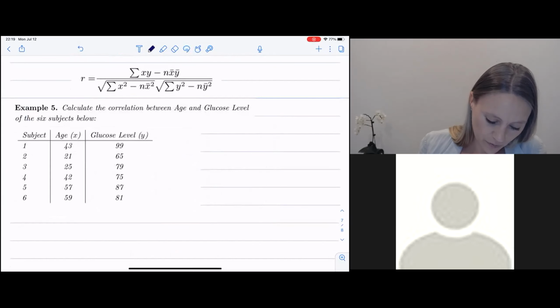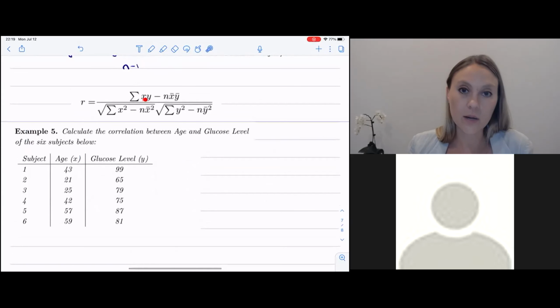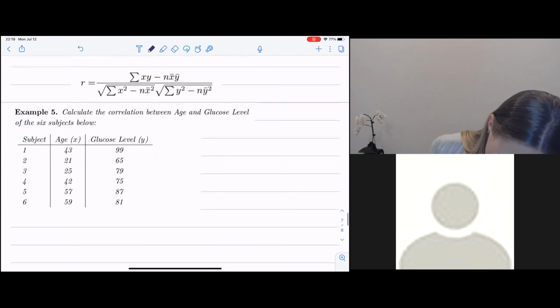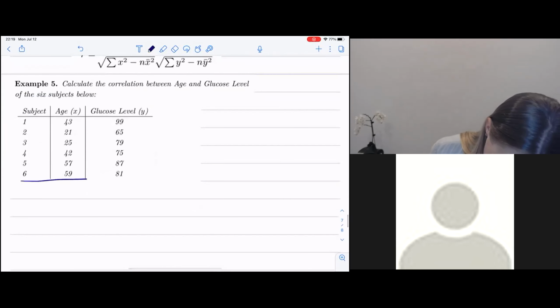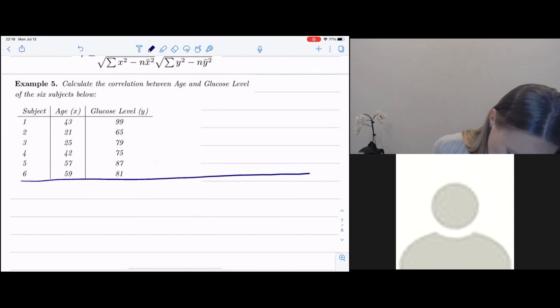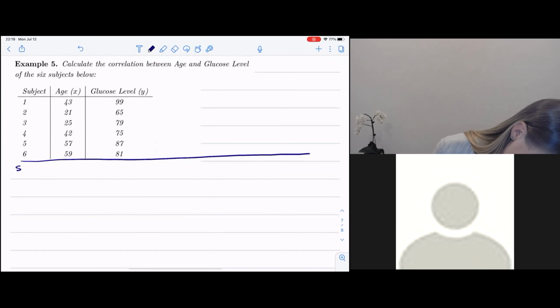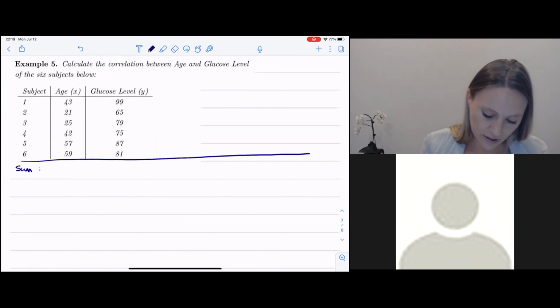So what we're going to do is there are a couple of different sums that we need. What I'm going to do down here is the sum is going to go down here.